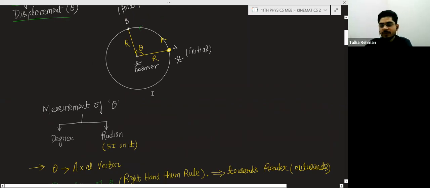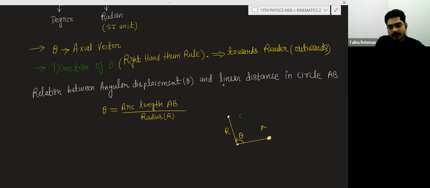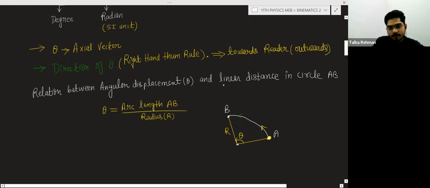First, from the property of the circle, angle is equal to the arc length divided by the radius. So this relation is valid here. AB is the arc length and R is the radius. So theta is the arc length AB divided by the radius.